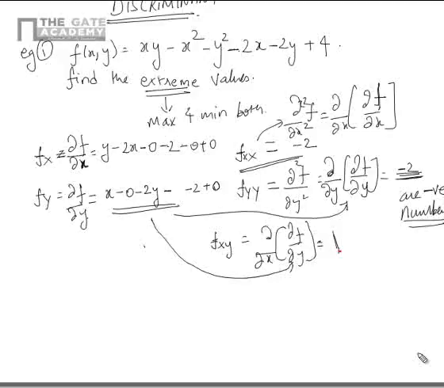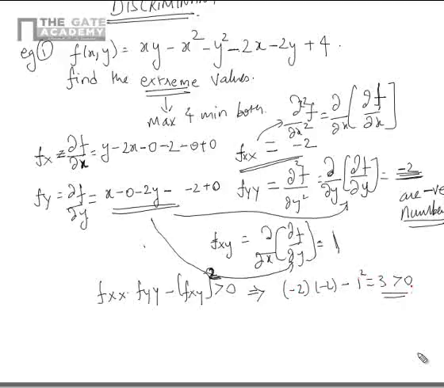So the first condition we have to check is fxx into fyy minus fxy the whole square should be greater than 0. This is a common condition for both maxima and minima, correct? So this will give me minus 2 into minus 2 minus 1 square. This is 3, which is greater than 0. That means a valid maxima or minima will exist, correct?